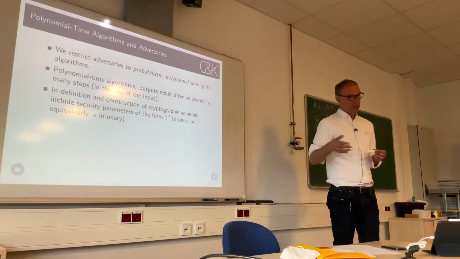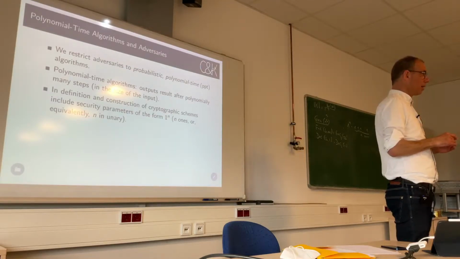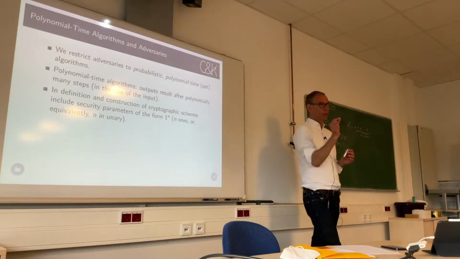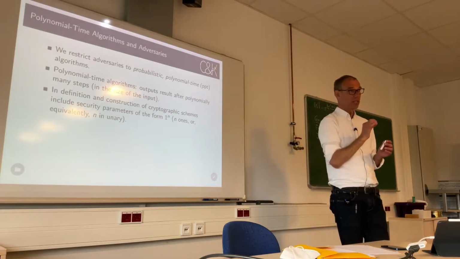Since we talk about polynomial time, this will always be related to polynomial time. There's also a way to do that more concretely, and then this would be much more precise.